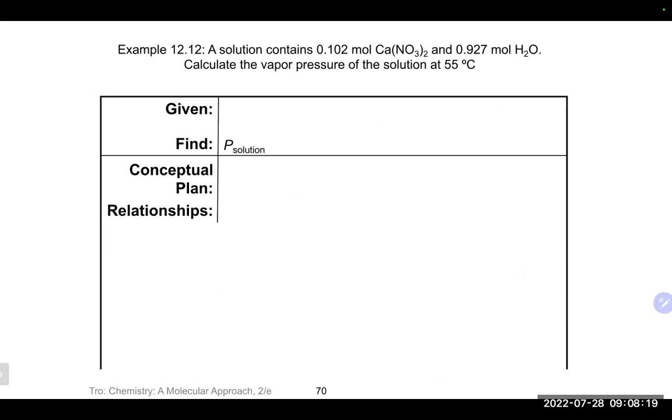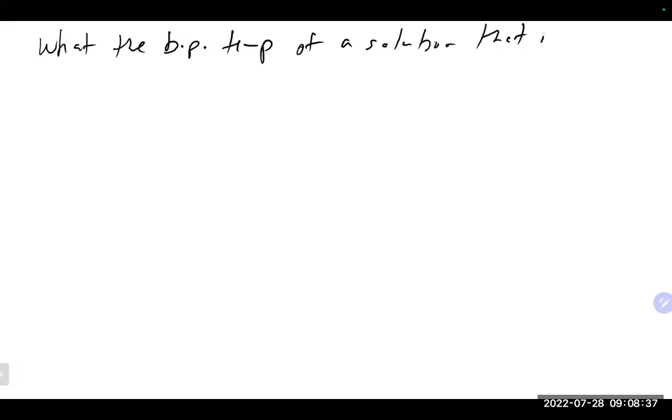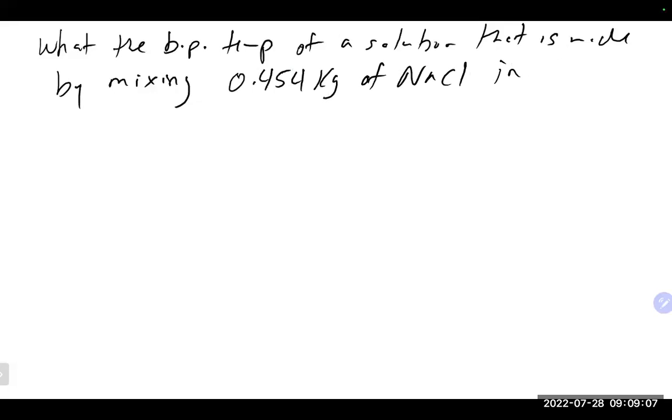All right, so let's try one here just to kind of see here. What would be the boiling point temperature of a solution that is made by mixing 0.454 kilograms of sodium chloride in 4 kilograms of water?